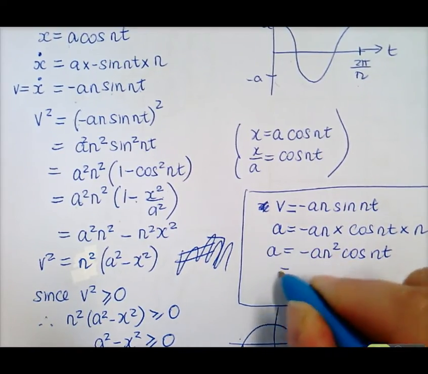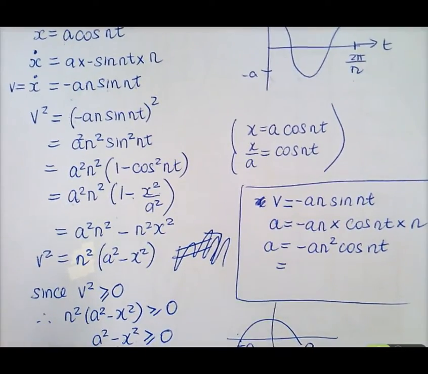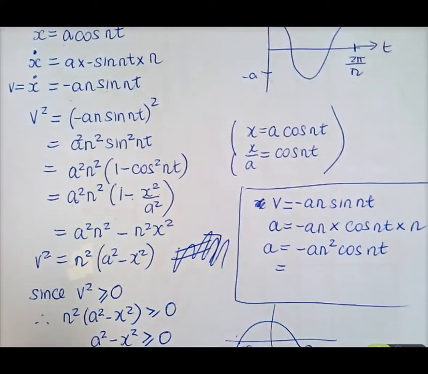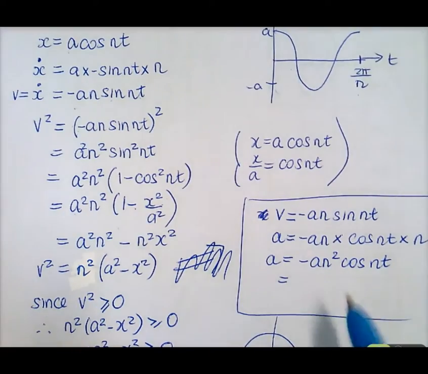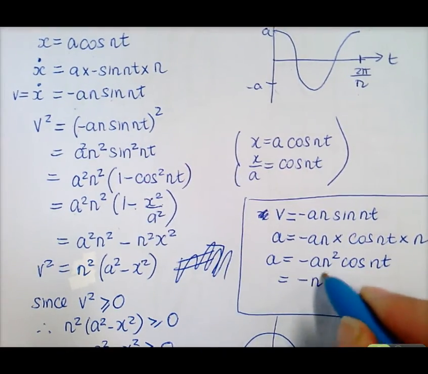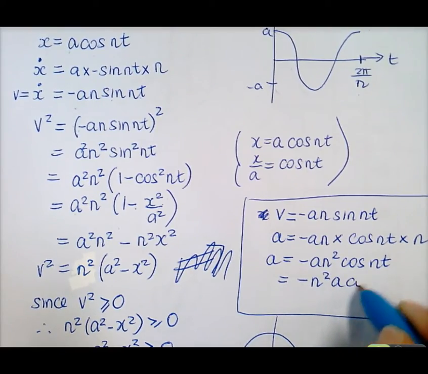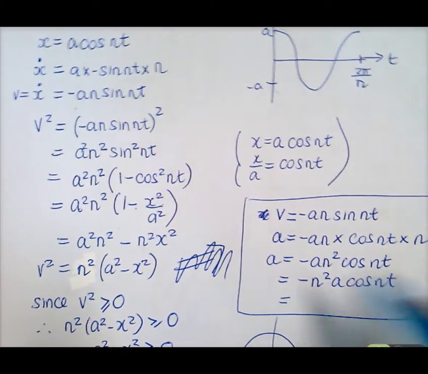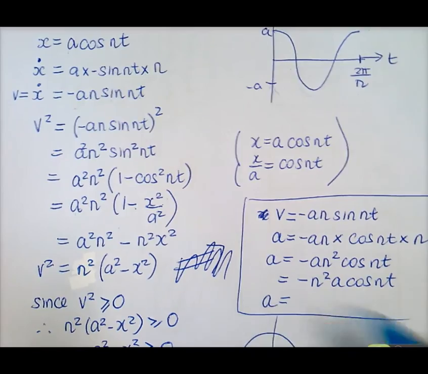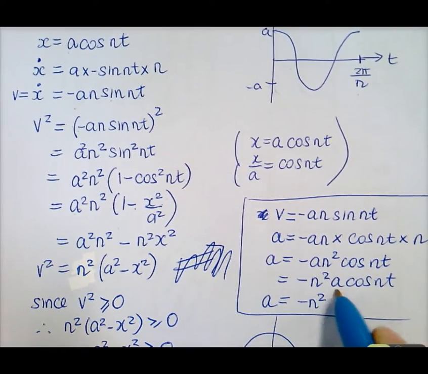That's what acceleration is. Now what does x equal? Look up the top. Now that x equals a cos nt, I can say that's negative n squared a cos nt. You're probably thinking, Miss, why did you do this? I should have done this last. So therefore a is negative n squared x.